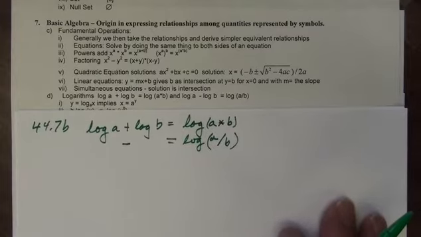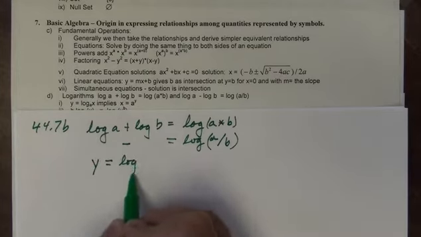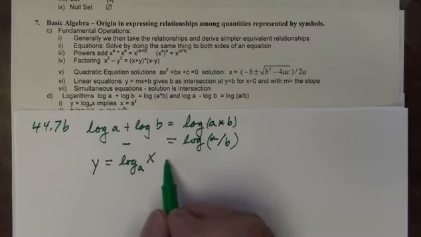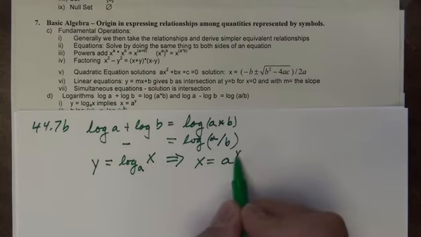What is the log? Basically, if we say y is equal to the log to a given base of a given number, this means or implies that x is equal to a to the power y.